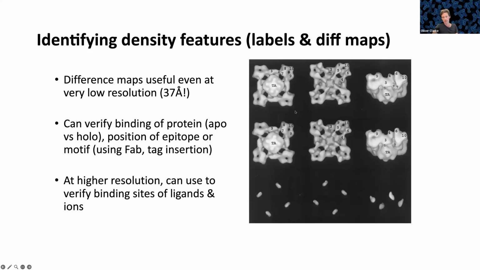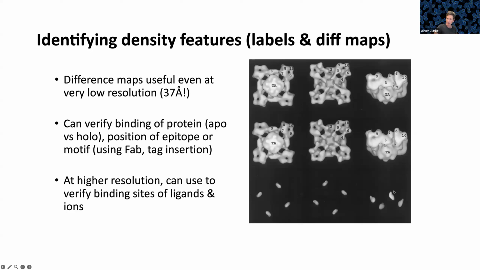So over here you can see an example from the early days of ryanodine receptor structural biology, where there was a data set with calmodulin, indicated by that plus sign, and a data set without calmodulin. This was at 37 angstroms nominally, with a very severe preferred orientation.